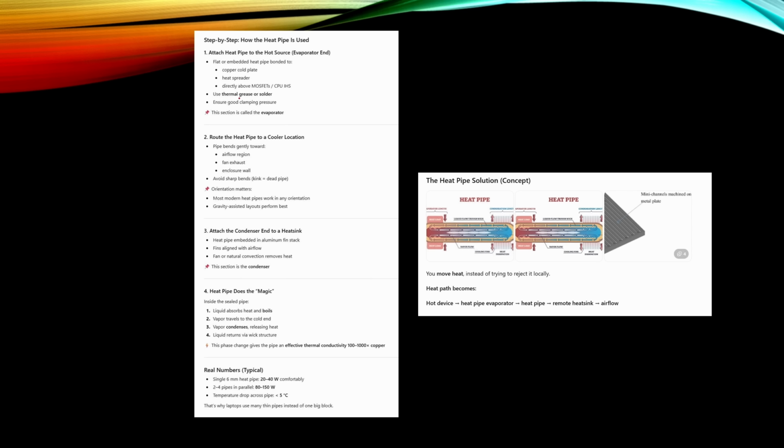Use thermal grease or solder to have a very good connection there. One single heat pipe can typically remove around 20 to 40 watts. So if you have a high load, you need many heat pipes.